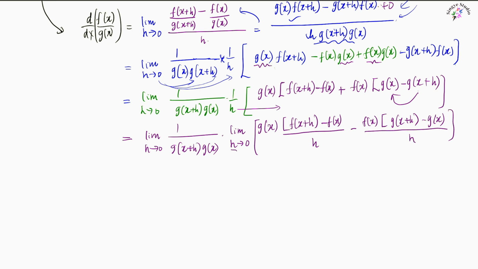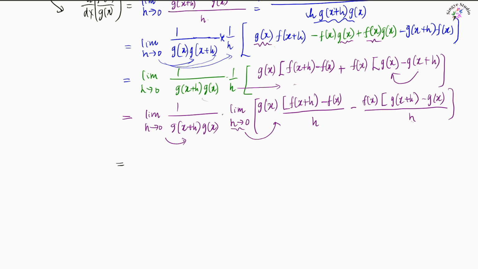And this whole limit will apply to both of the functions. Now we have to distribute here as well as here, because the limit of the product is the product of the limit, yes or no? This is according to the limit rule.